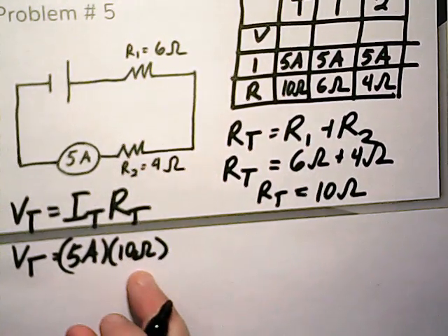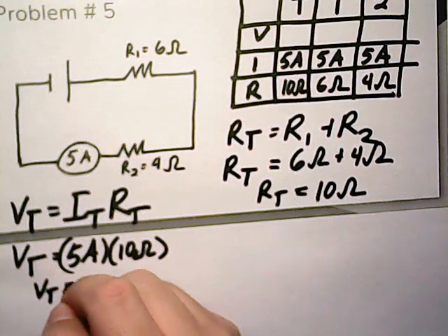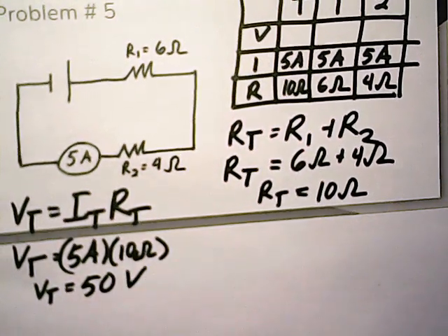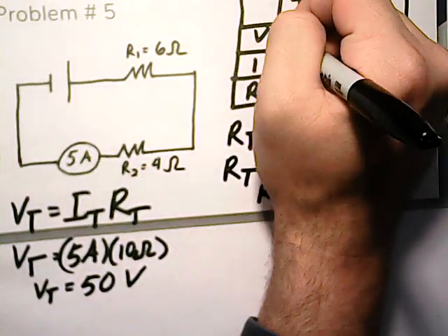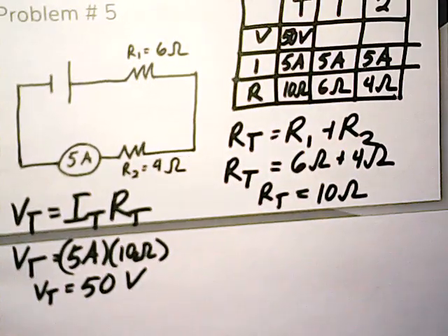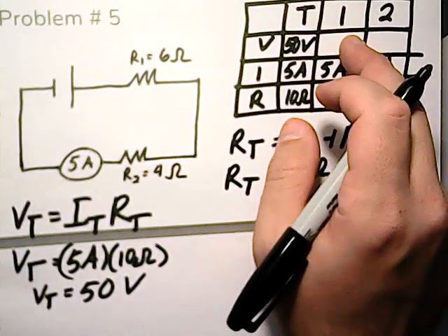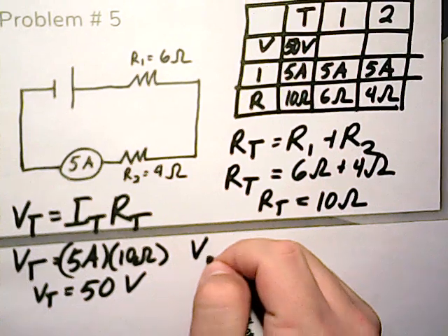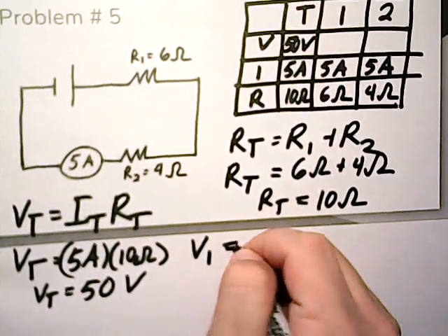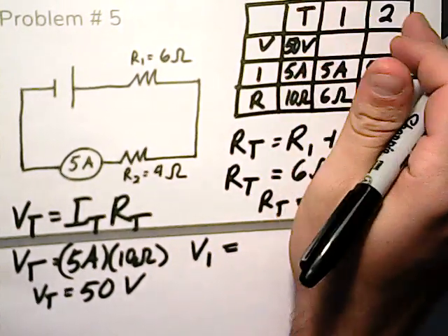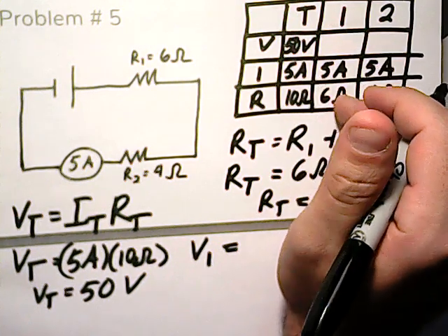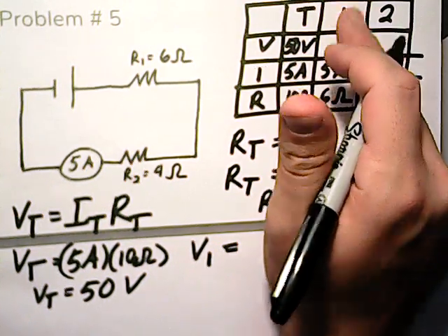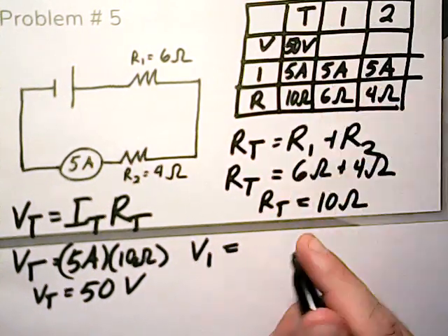So 5 times 10 would give us 50 volts. Current 2, resistance 2, voltage 2. Current 1, resistance 1, voltage 1. We'll solve for this one next.